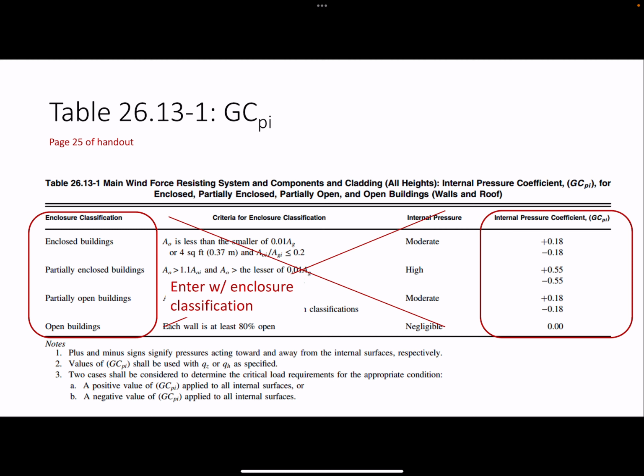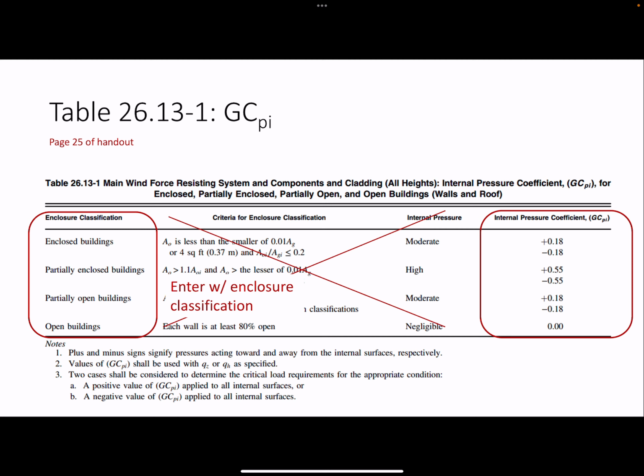Depending on your enclosure classification, you find your magnitude of the internal pressure coefficient. Most buildings fall into this first category. They are enclosed. Sometimes if you have one wall that has a lot more openings than others, you can fall into one of these categories, partially enclosed or partially open.